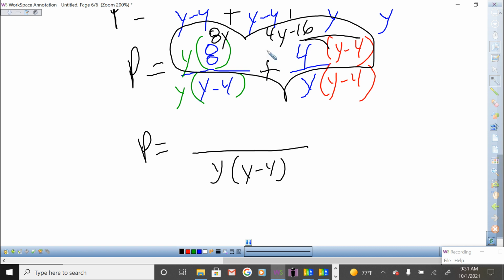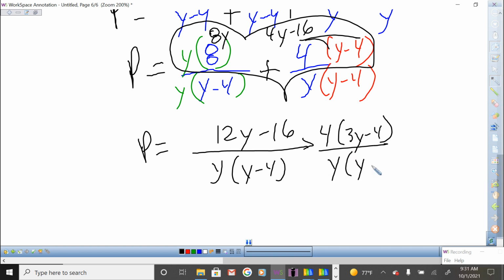Combine, what does that give us? 12y minus 16. Can I factor this more? Yeah, GCF is 4. That leaves us with 3y minus 4 over y and y minus 4. Can we do anything else from there? No.